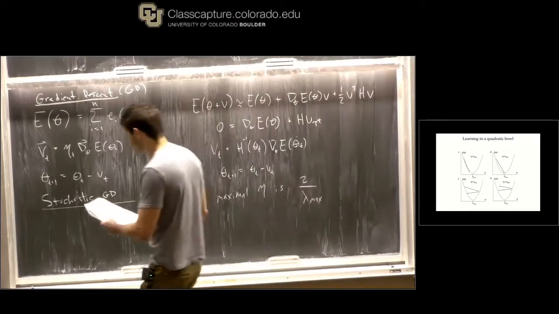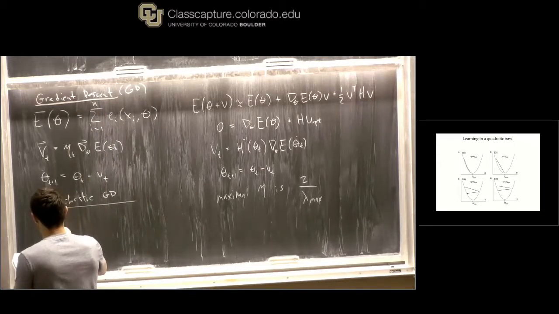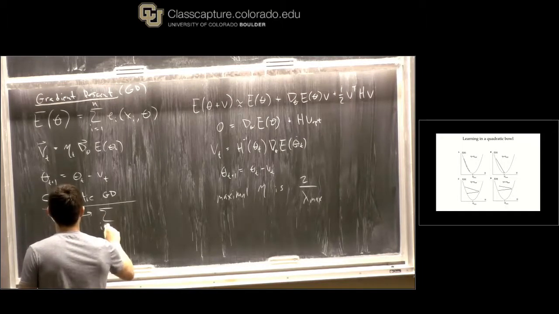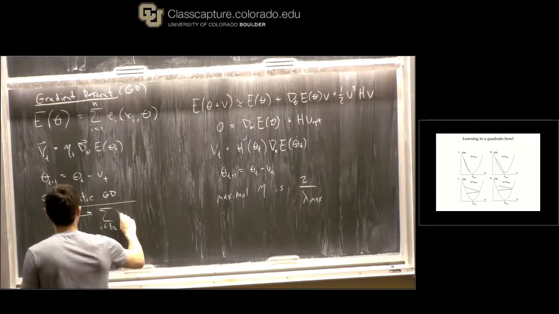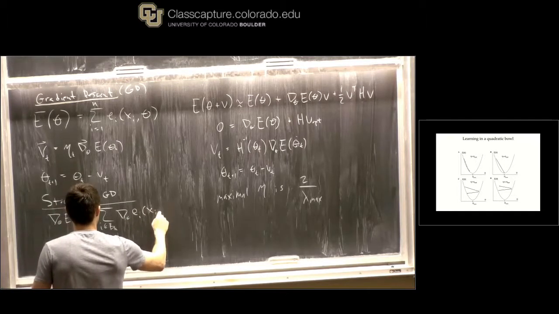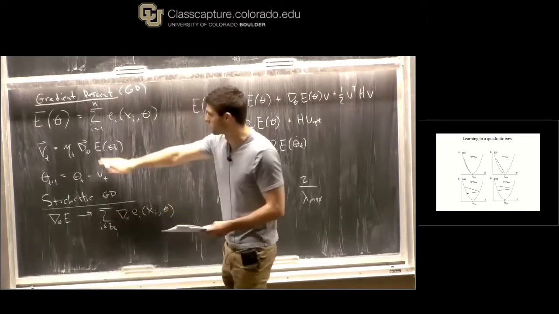So just to write that down, you replace the full gradient with a sum over the data that are in some batch, the kth batch, of the gradient on those data points. And then once you have that, you plug it in here and do the same thing.